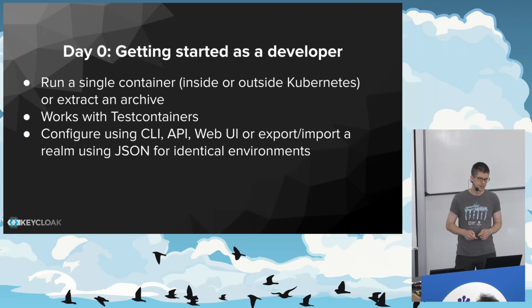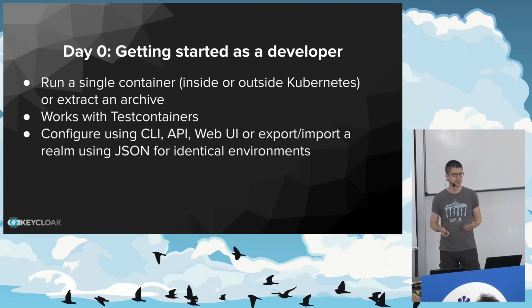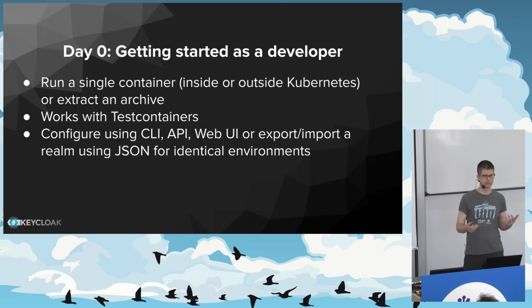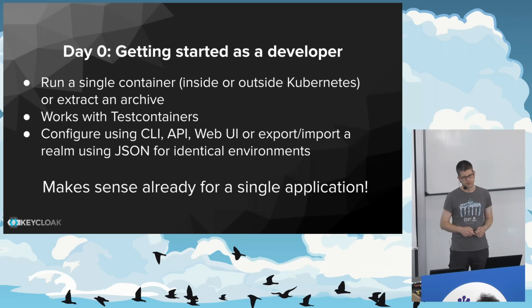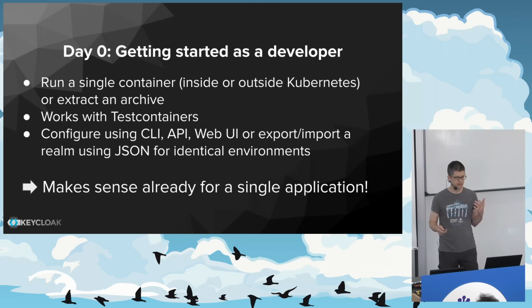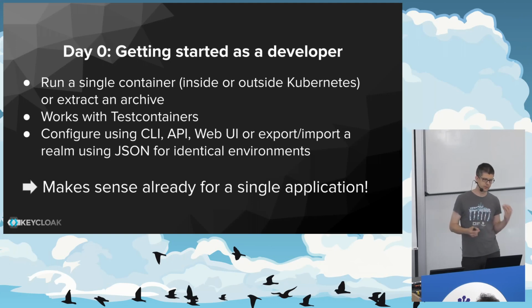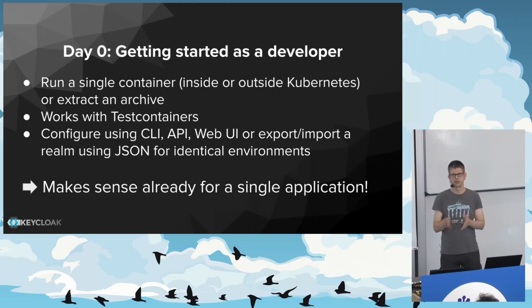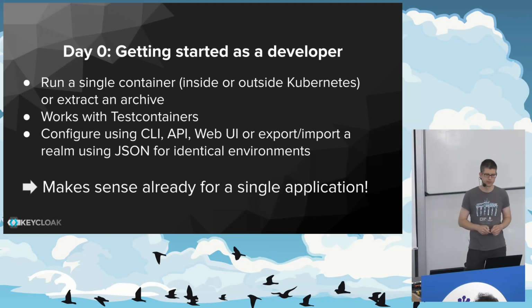You can configure it using a command line interface, its REST APIs, or a web UI, or you can export and import a realm, which summarizes all the configuration of an instance, and use that for identical environments. I'd say it really makes sense to choose something like Keycloak if you want your user management done properly for a single application.